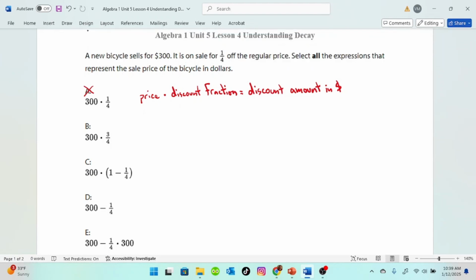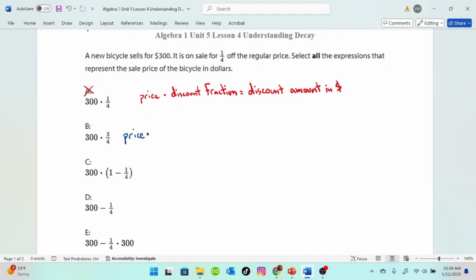Now let's look at B. B has 300, which is the price, times 3/4. So we have to think, where does this 3/4 come from? Well, if multiplying by 1/4 gave us the discount amount in dollars, then multiplying by 3/4, we're multiplying by the amount that still has to be paid.